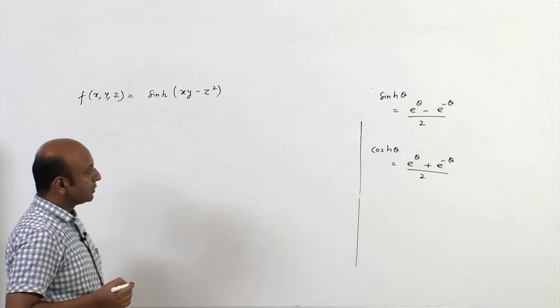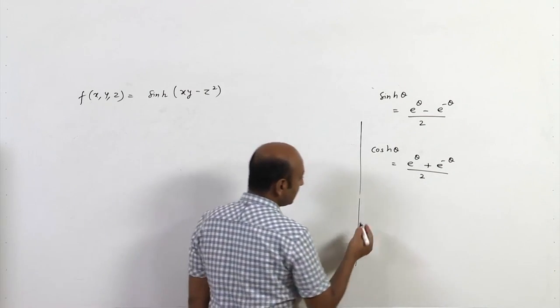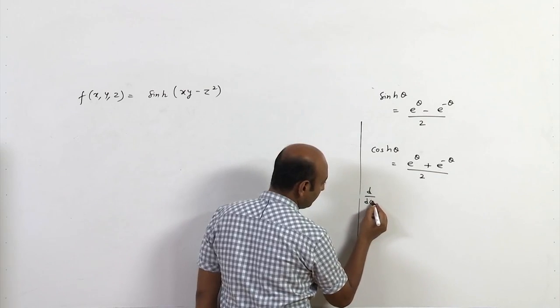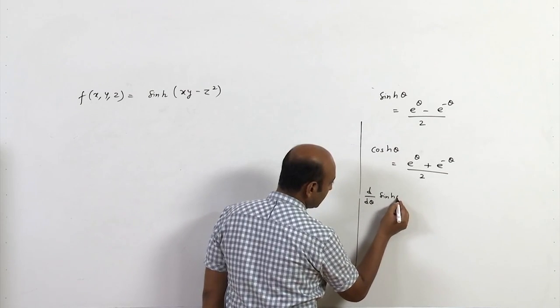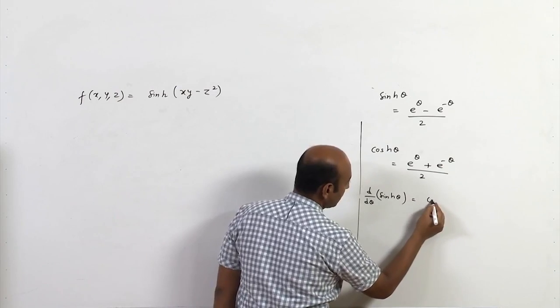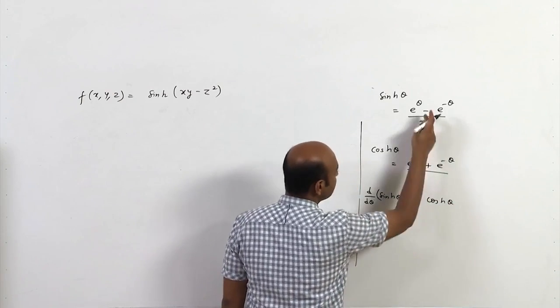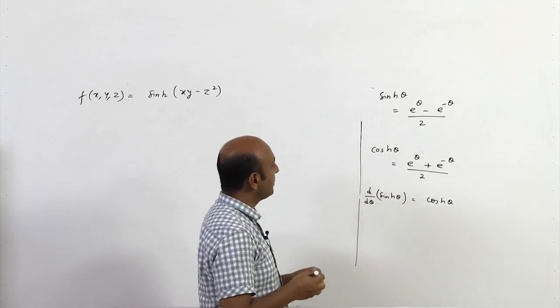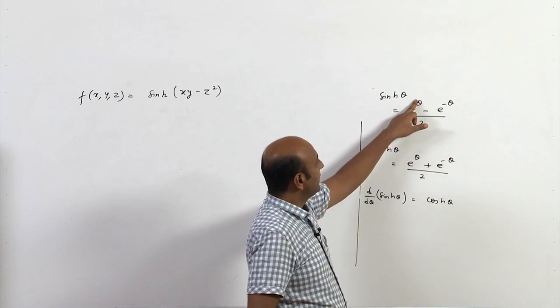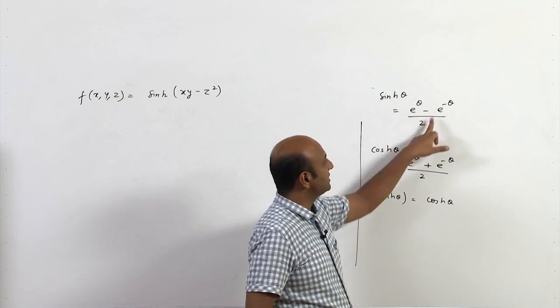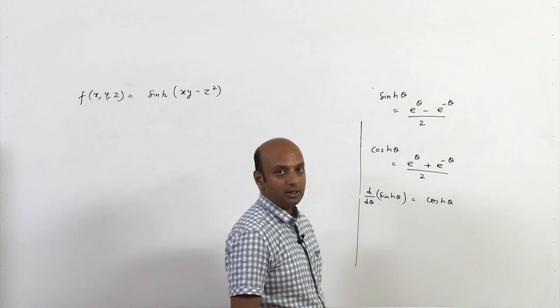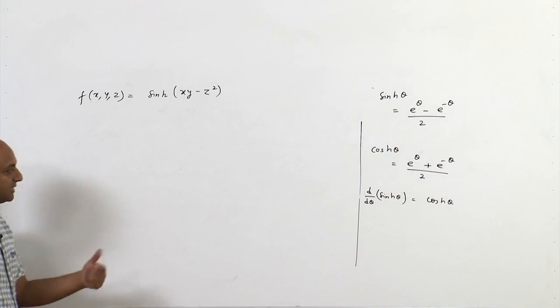Okay. So, we can easily see that d by d theta of sine hyperbolic theta is cos hyperbolic theta. If we differentiate this with respect to theta, it is e raised to power theta plus e raised to minus theta upon 2, which is cos hyperbolic theta. Okay, that we can easily see.